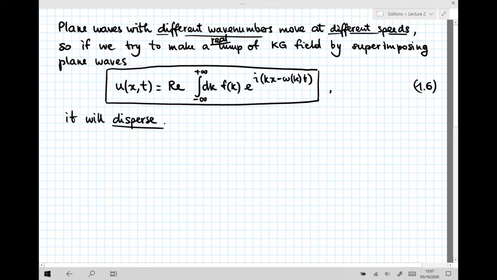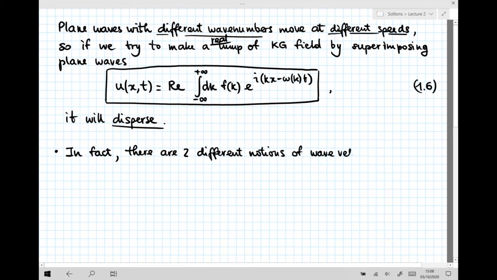So right now we have introduced one notion of velocity, the phase velocity, but in fact, as we'll appreciate better later, there are two notions of velocities for a wave. One is the phase velocity that we have defined above.